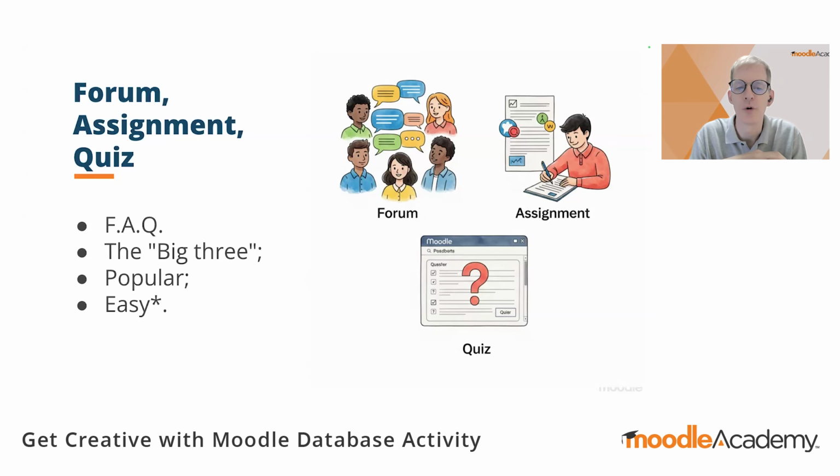Assignments can be set up quickly and comprehensively with rubrics to collect students' work, and they can upload files and things. It's pretty easy to do. Quizzes are, of course, popular for doing online testing and assessment, even though the setup is a bit more complicated than either forum or assignment. The testing focus of many institutions is probably the reason why it's popular, or the fact that maybe just a lot of people like a good quiz.